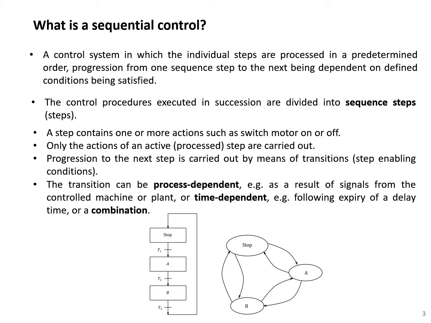So this is the vice versa, that we will return to the first step. We call this step here stop, or we could change it to whatever name we wish. Here we name this step A and this step B, and this is transition 1, transition 2, and transition 3, and we have a closed loop.